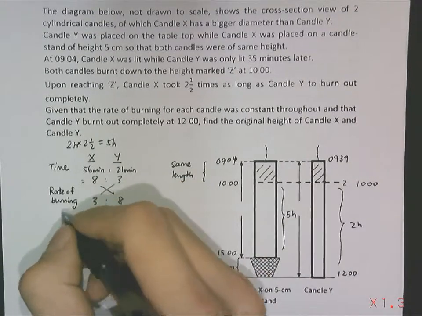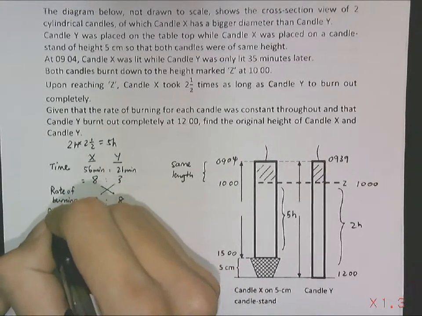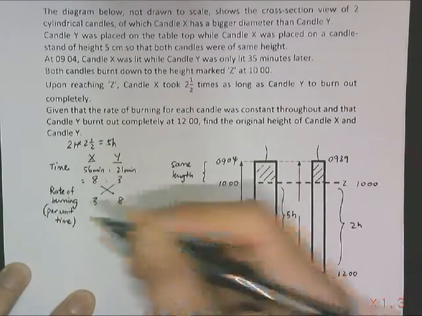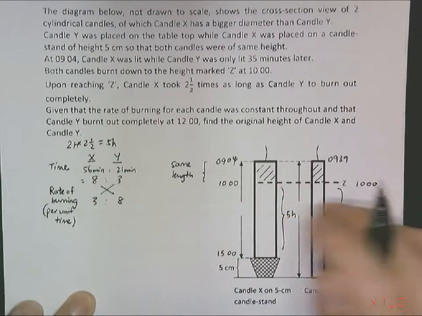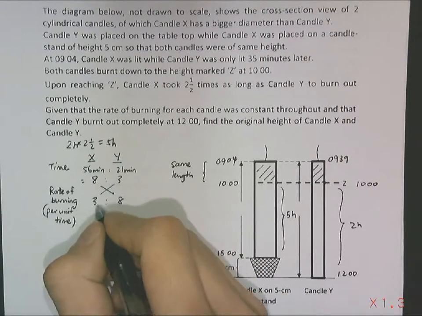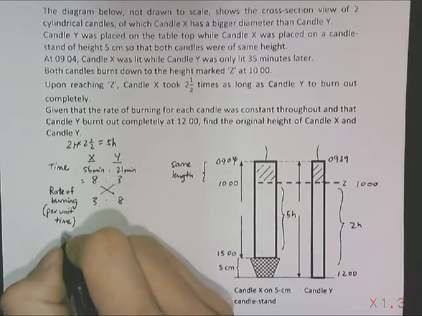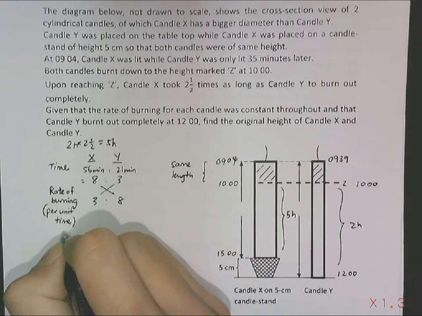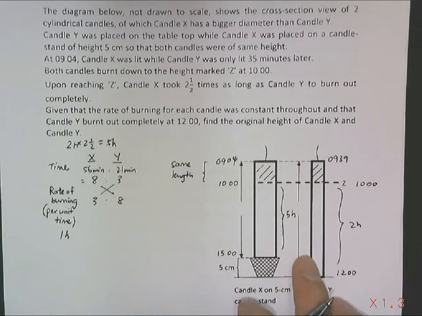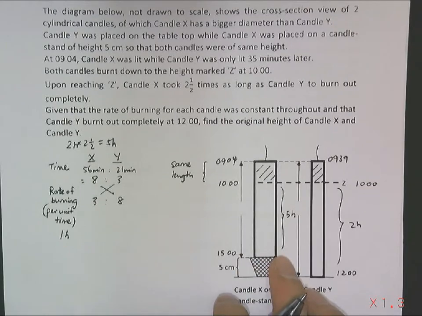Rate of burning tells us, per unit time, how much length of the candle is being burnt. Over here we have 3:8. I can easily simplify it to 1 hour, since we are finding in hours, so we convert all the time to hours.